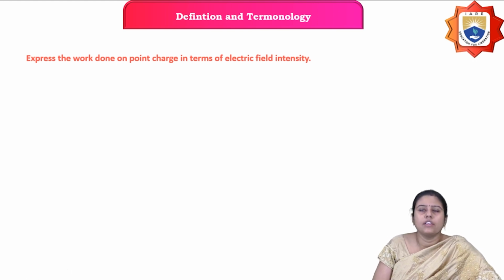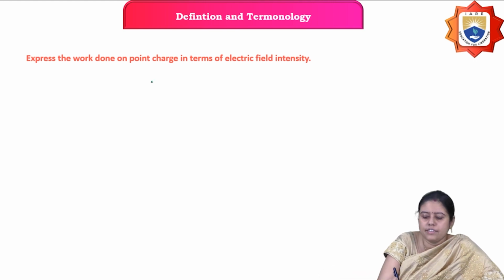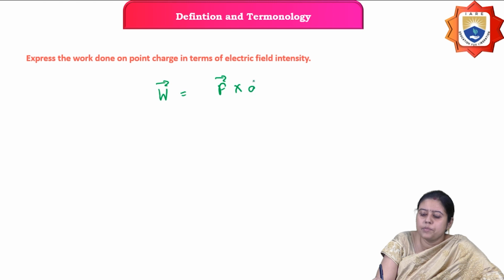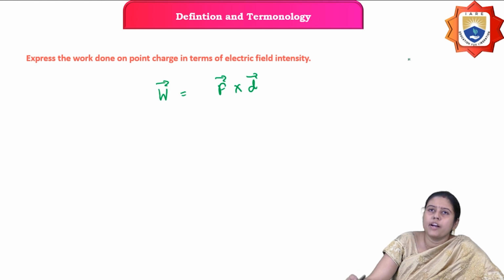Express the work done on the point charge in terms of electric field intensity. We know that the work done W is equal to force into displacement. So what is the work done for a charge?